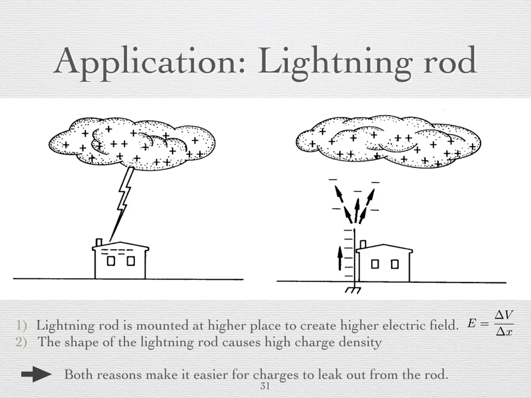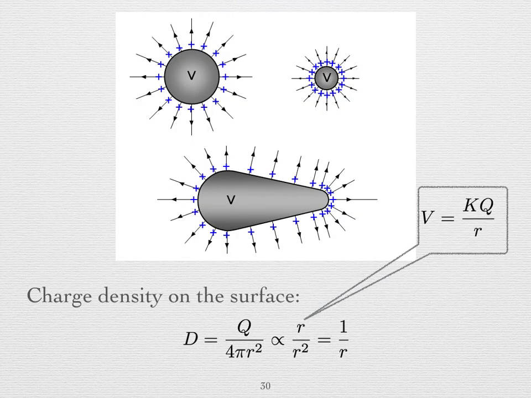Also, the shape of the lightning rod is somewhat pointy. A more pointy shape will cause a higher charge density. If there's a higher charge density, you can imagine the charges will want to leave because it's too crowded at that end. When the charges have a choice to leak out from the pointing end or a more flat end, they will always want to move out from the pointing end because it's too crowded.